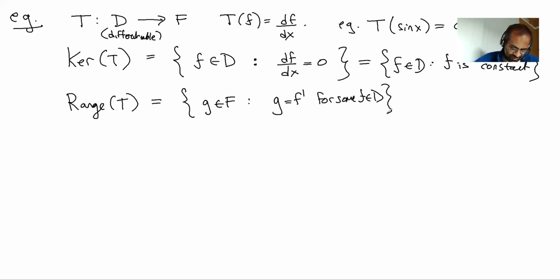You could use the fundamental theorem of calculus, right? So if g equals f prime, then if there is a g with this property, how do I find f? You could integrate. Yeah. So then this implies that f of x equals the integral from 0 to x of g, by the fundamental theorem of calculus.